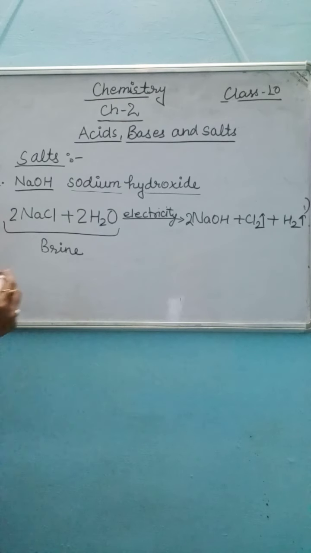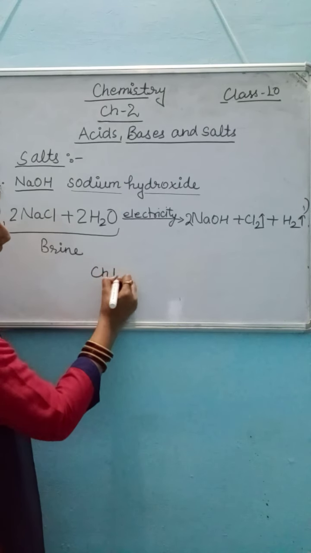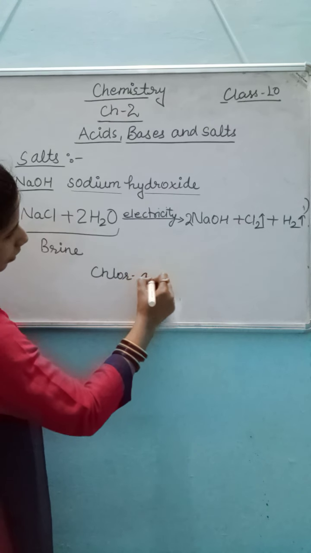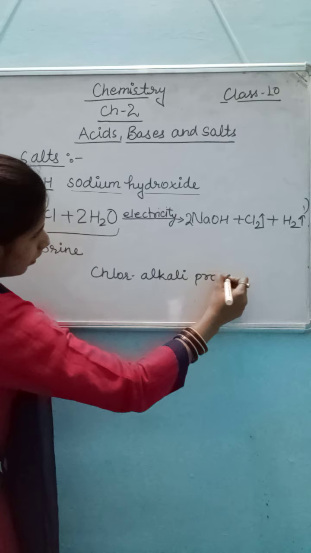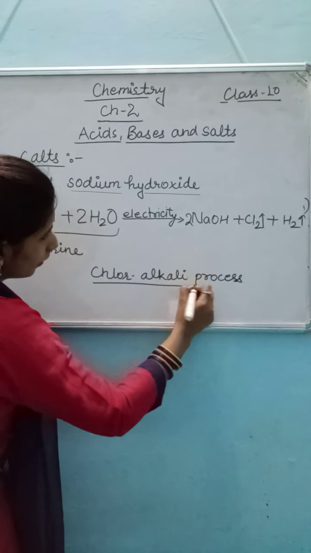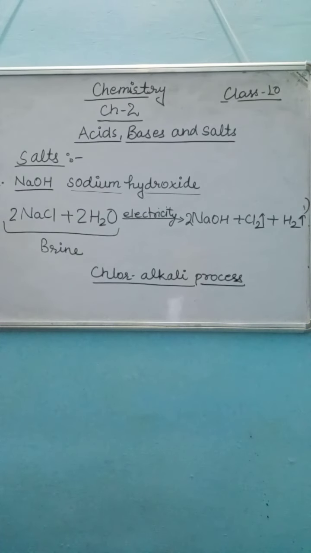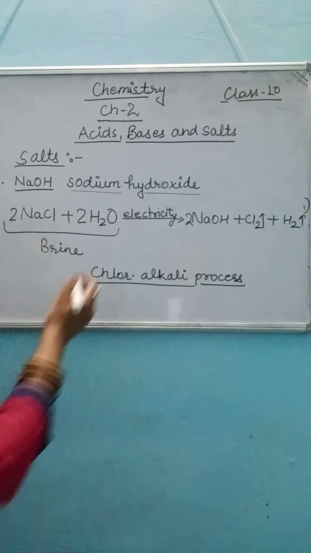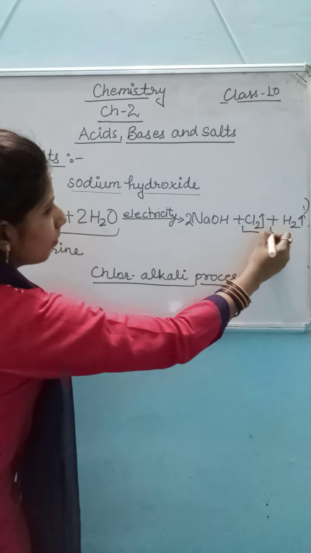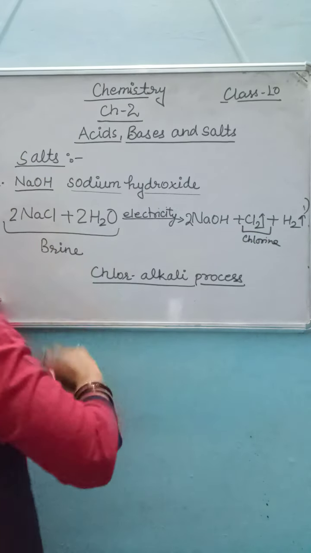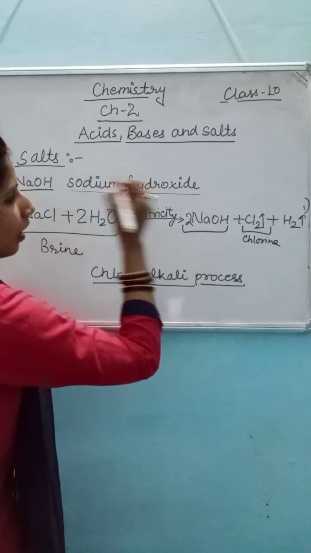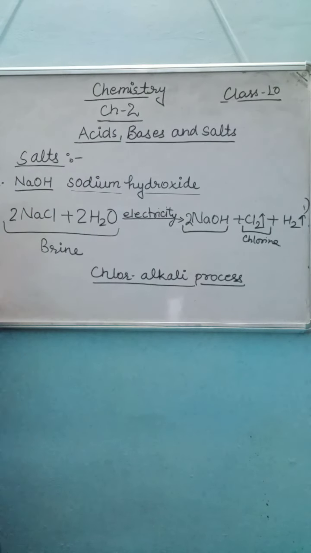Now this process is known as the chlor-alkali process. Why? Because in this process chlorine gas is produced and the alkali NaOH.